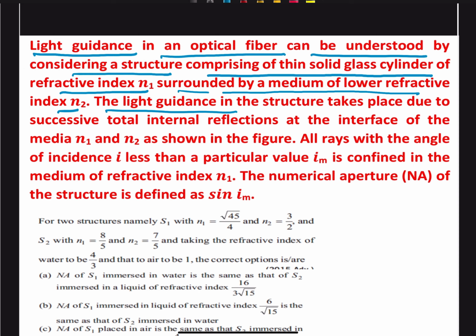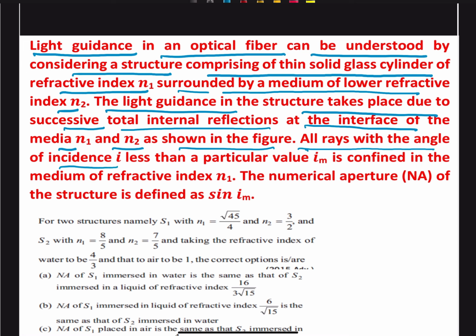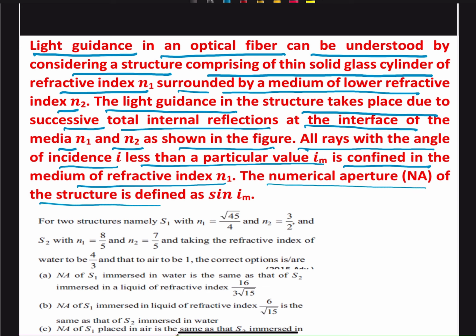The light guidance in the structure takes place due to successive total internal reflections at the interface of the media N1 and N2 as shown in the figure. All rays with the angle of incidence i less than a particular value of im are confined in the medium of refractive index N1. The numerical aperture of the structure is defined as sine of im.